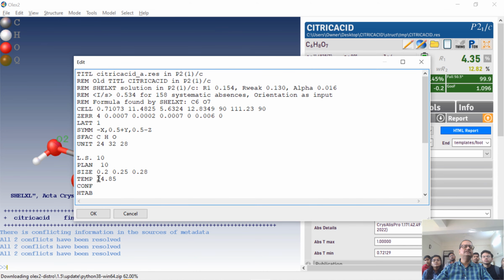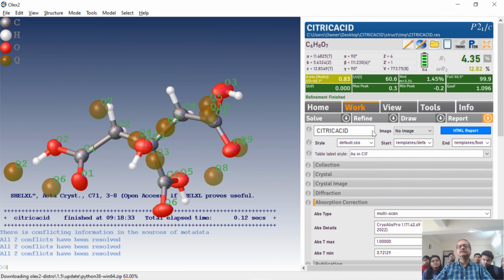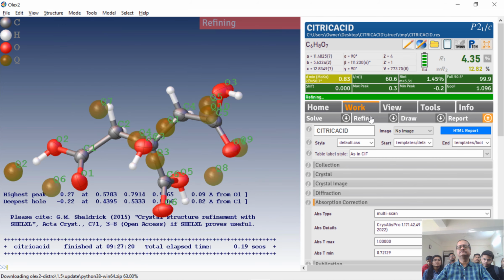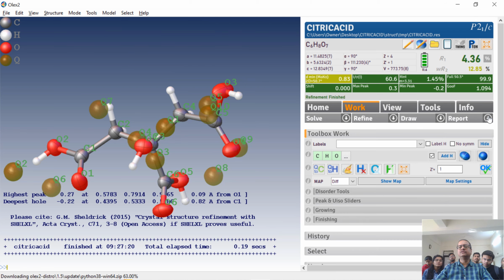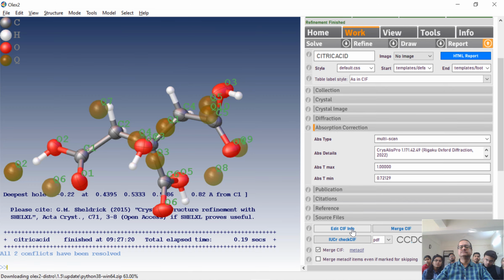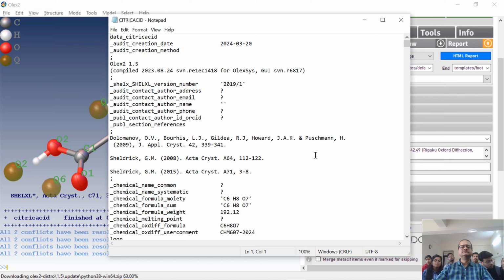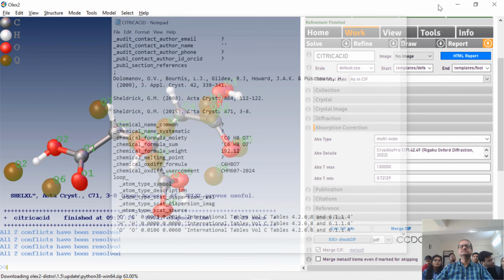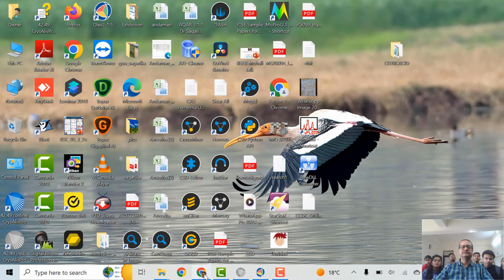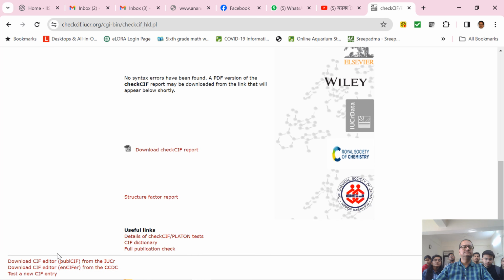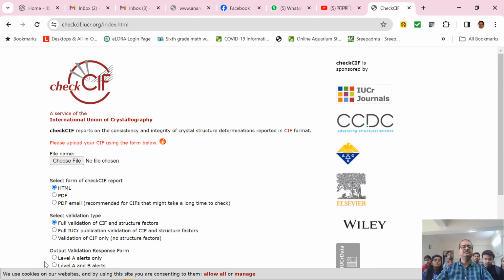So here you see it says 24.85. It should be 25. And then you refine once again. Go to your report, edit shift, merge shift, and go back, test a new shift entry.